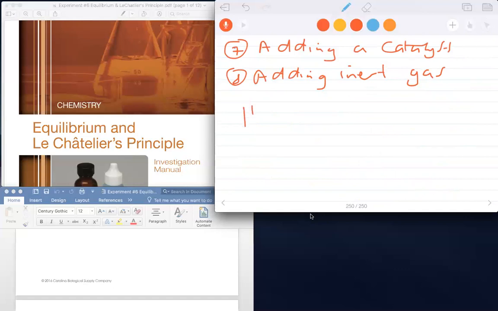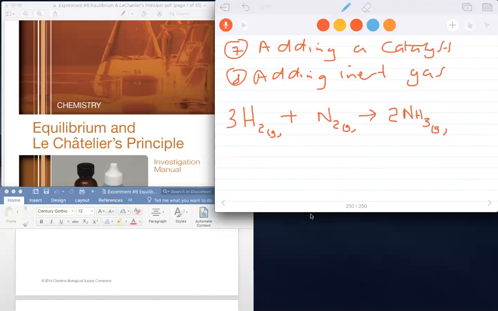Hydrogen gas plus nitrogen gas, I meant to say nitrogen gas, to produce ammonia, NH3 gas. We have to balance the equation, put a 2 there and put a 3 there. The equation is balanced.